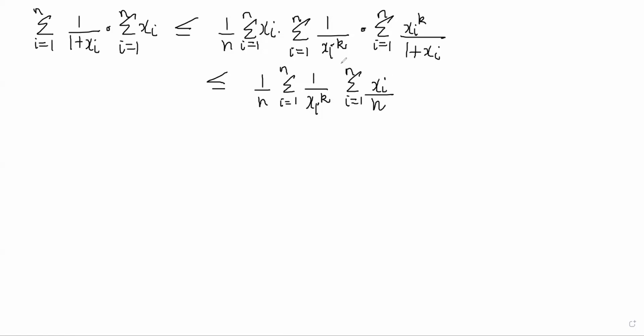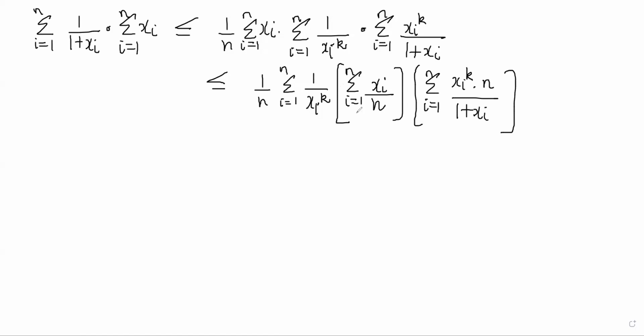I have intentionally introduced an xi by n here, so obviously I should multiply by n the remaining term, so xi power k into n by 1 plus xi, i goes from 1 to n. So I have divided by n here and I have multiplied by n here.